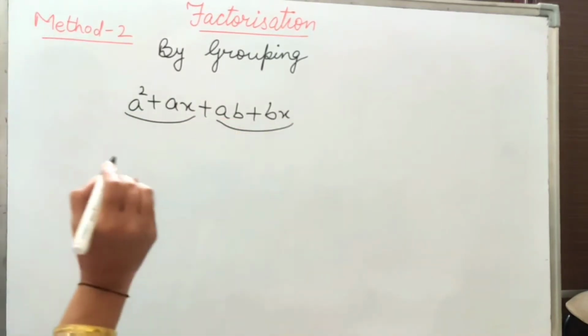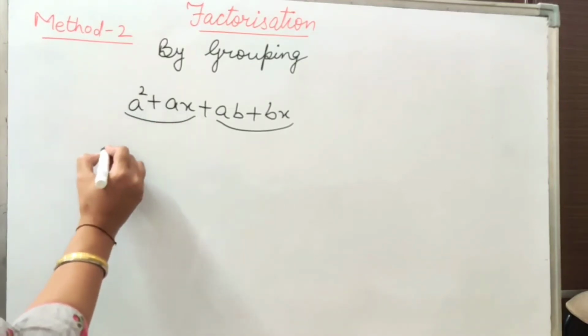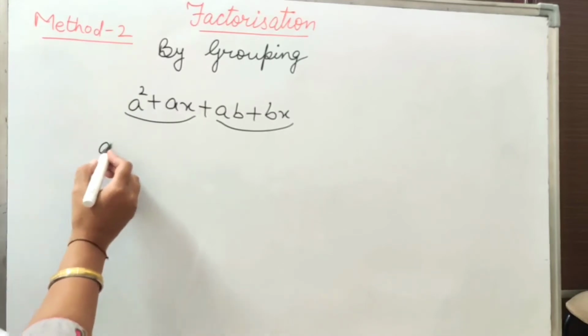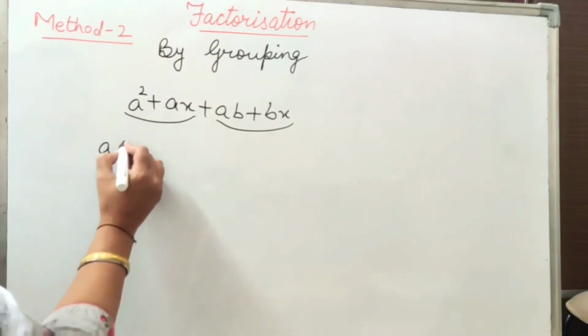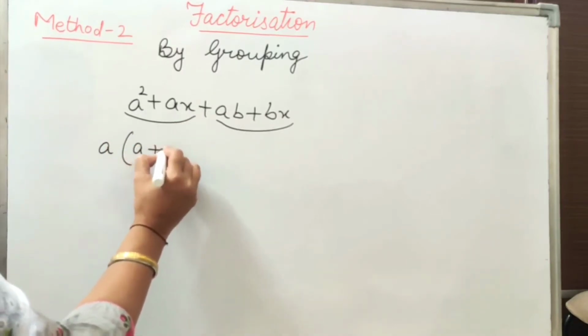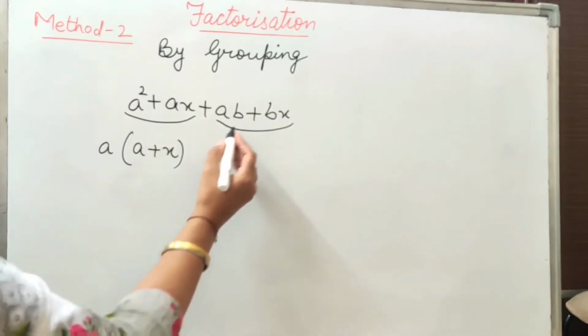First I will take out the common factor from these two terms. We know that a is common here. How to take out the common factor you have already learned in the previous videos in method 1. So a is common. What quotient is left? a plus x.